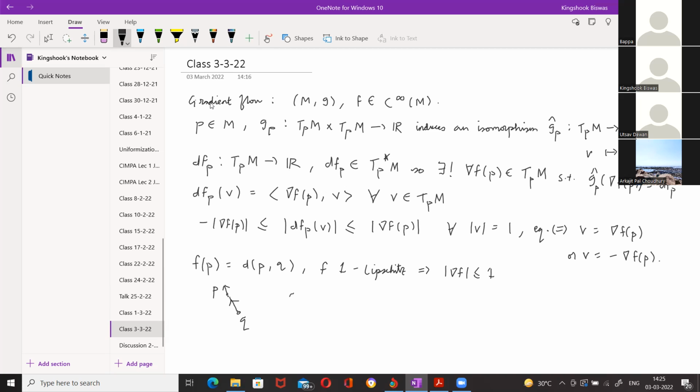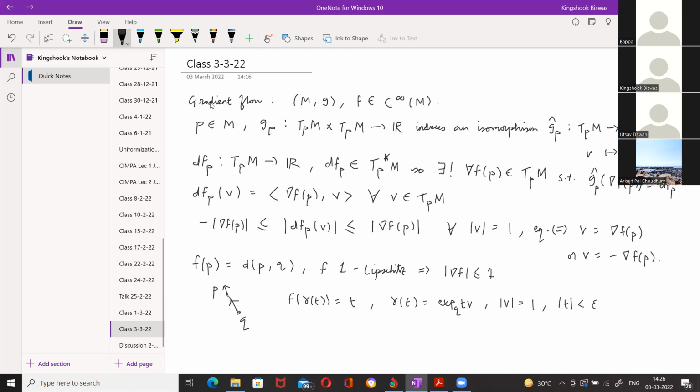So f of gamma t is exactly equal to t, if gamma is a geodesic, gamma t equals exp_Q of tv, with mod v equal to 1, and t small. So inside a geodesic ball, what does that tell me?